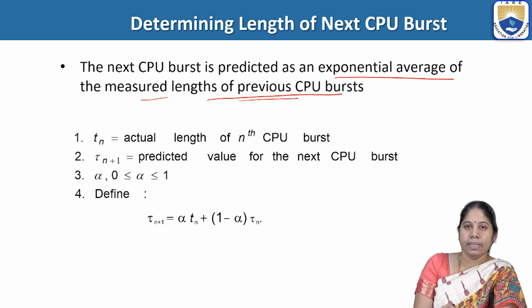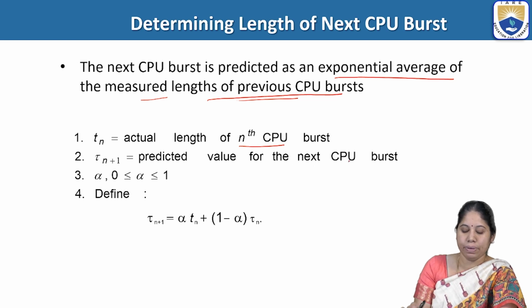Let Tn be the actual length of the nth CPU burst, because the nth CPU burst we know. Tau n plus 1, the predicted value, because we use tau for predicted, is the predicted value for the next CPU burst, and the alpha value ranges from 0 to 1.